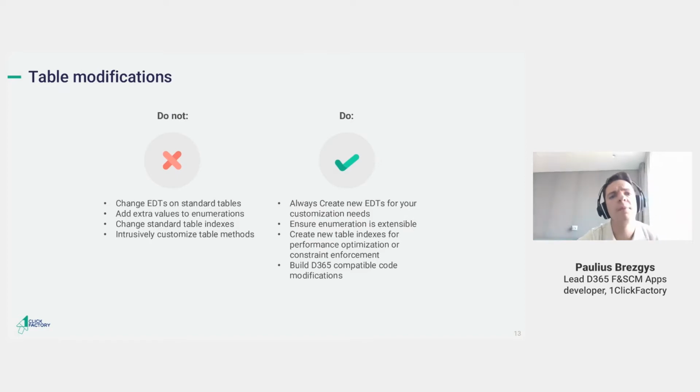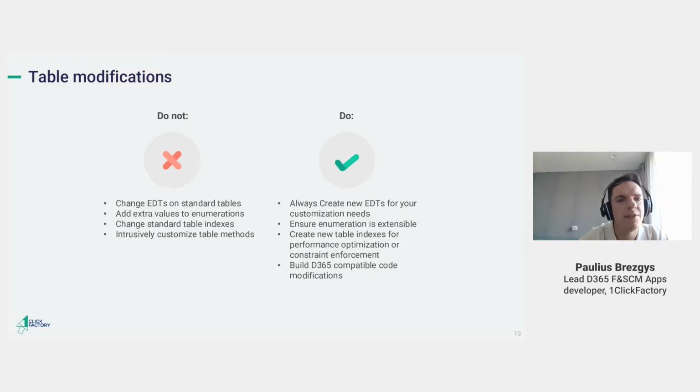So these are my few bits on the X++ code. Next is table modifications. On table modifications, again, a few bits and pieces here. The biggest mistakes that I've seen, or the biggest, let's say, conflicts, I wouldn't call them mistakes, right? They're working modifications.